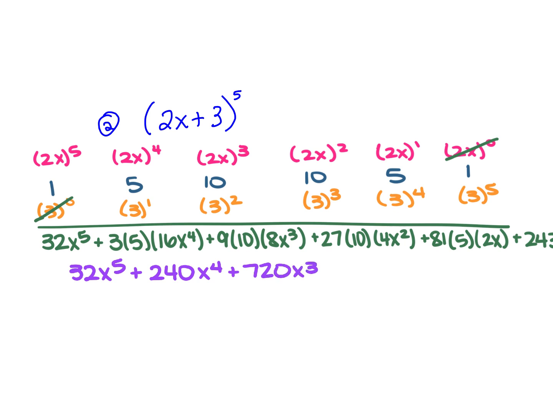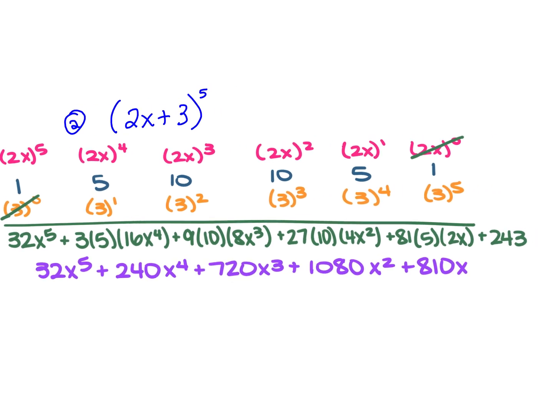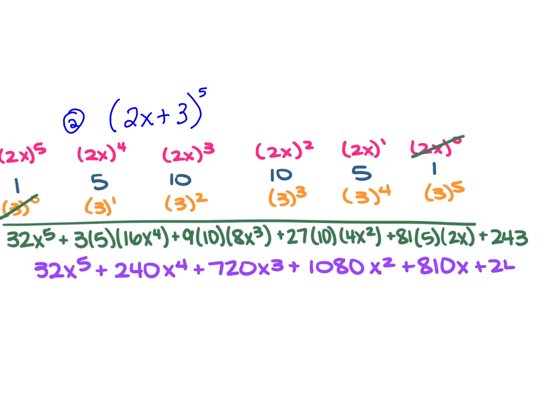Then you have 27 times 10, which is 270, times 4, which is 1080x squared. Then you have 81 times 5 times 2, which is 81 times 10, which is 810. Keep the x with it, and then drop down that 243.